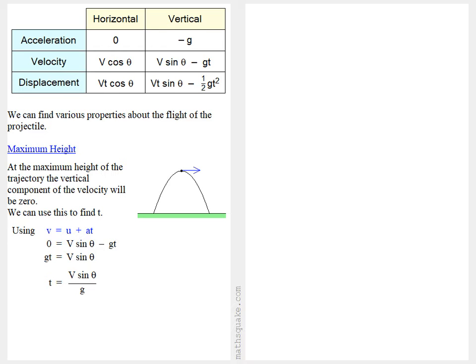Now we can substitute this in the equation y equals vt sin theta minus a half gt squared.